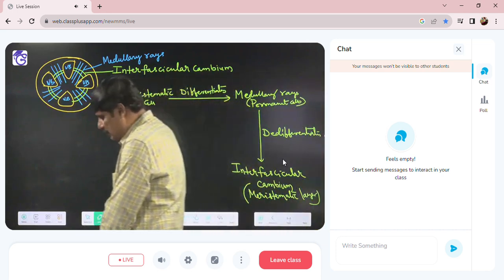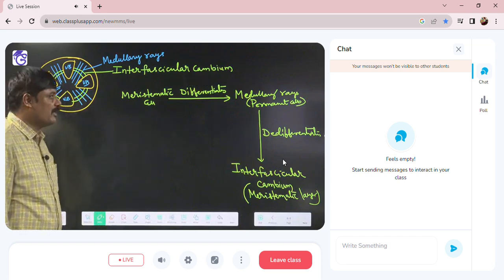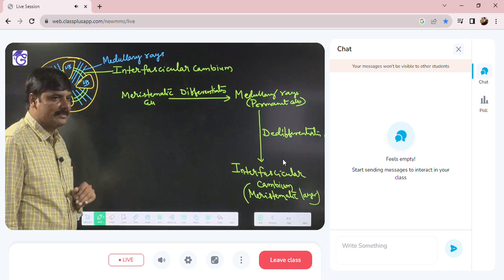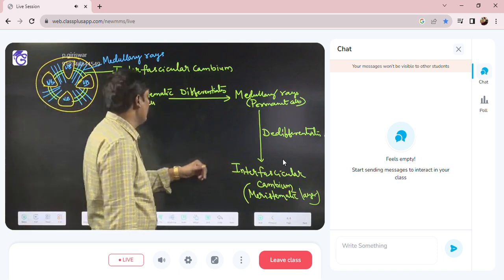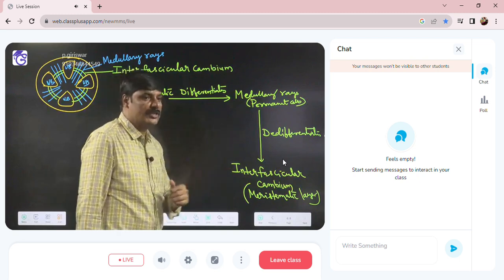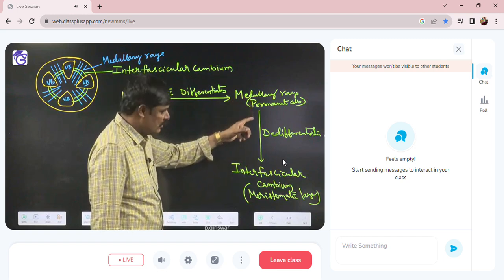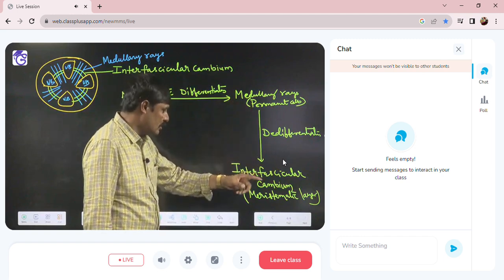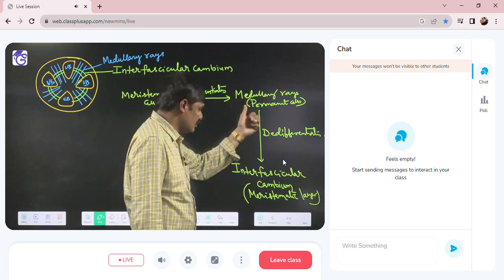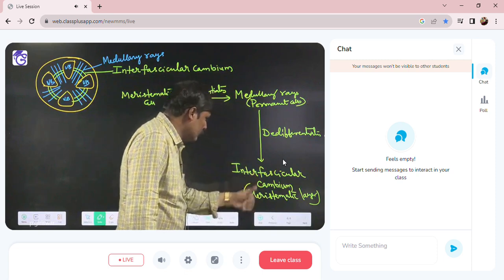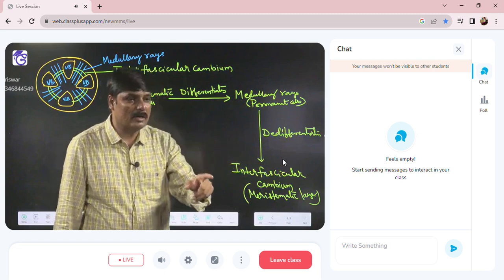Differentiation of medullary rays into interfascicular cambium is an example of dedifferentiation.